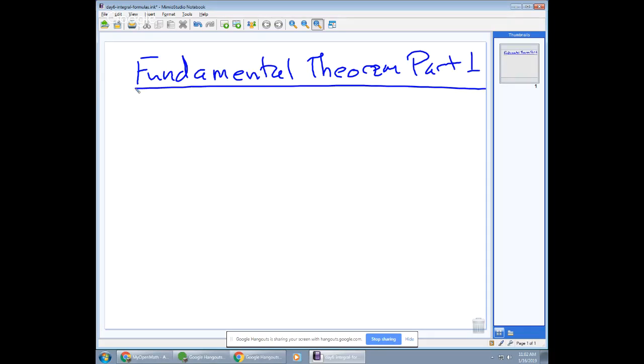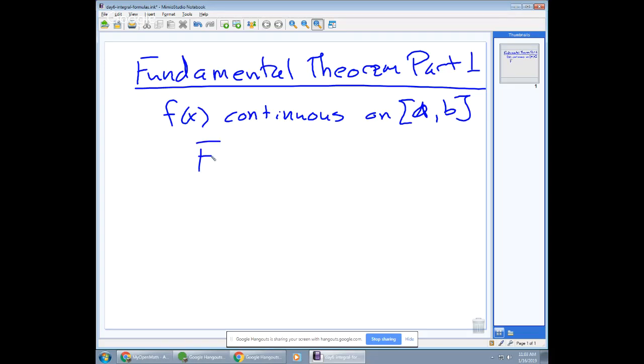Part 1 of the fundamental theorem says you've got this function f of x, it's continuous on some interval a, b, and then we make this other function we're going to call capital F of x, and it's defined to be the definite integral from a to x of the original function f.